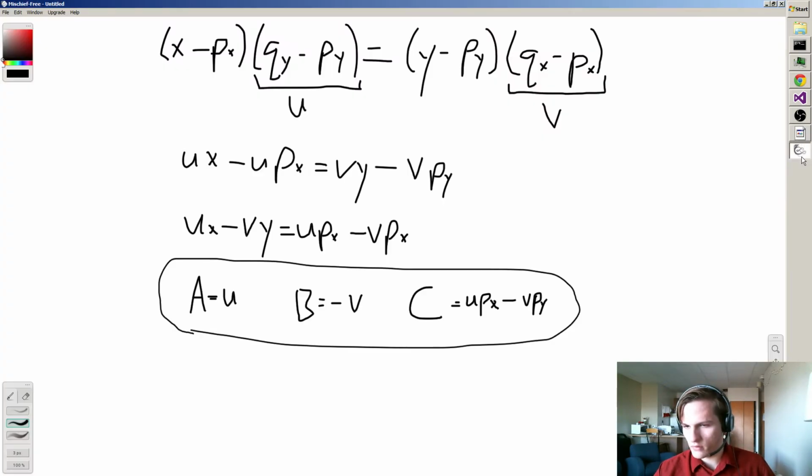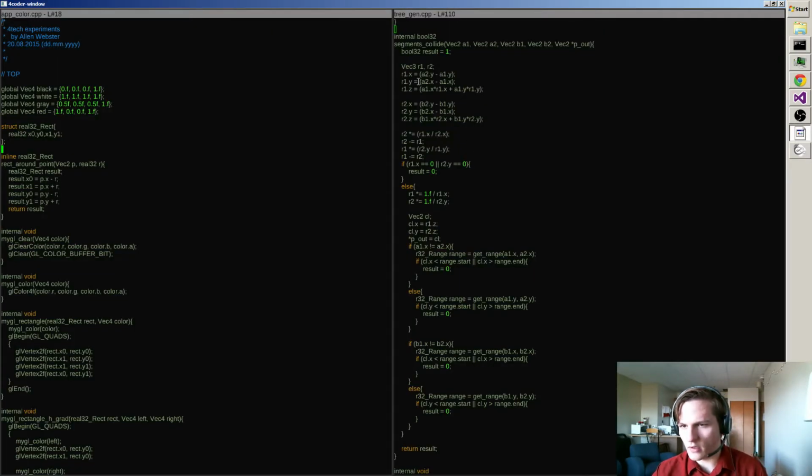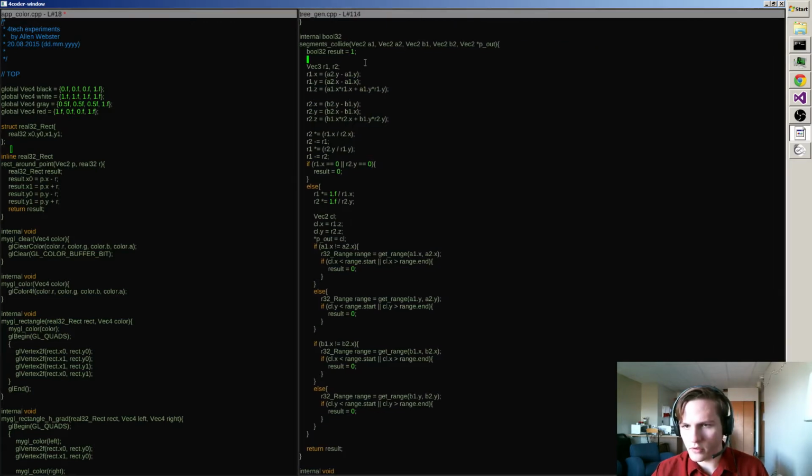So, whoops. Yeah, what I want to do is really quick compare this with my code here. I gotta somewhat remember how this works. a2y minus a1y, is that u? xyz, r2 xyz.